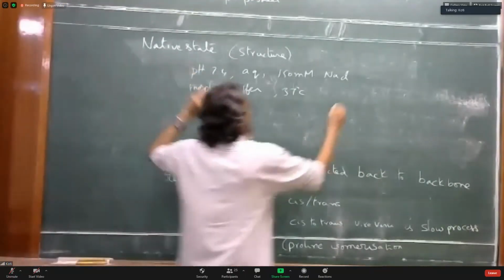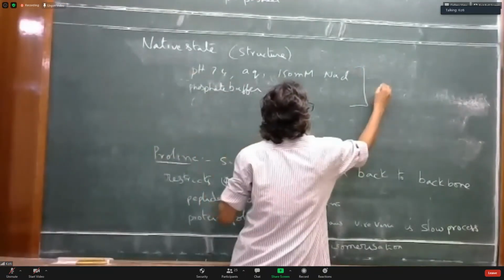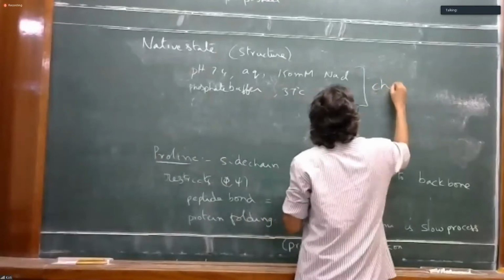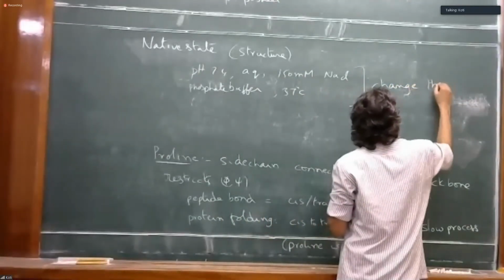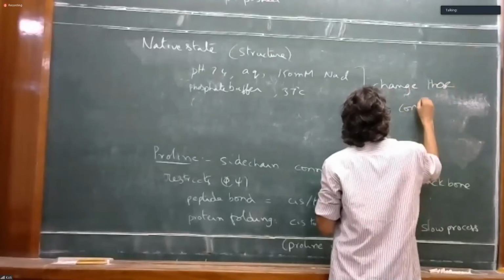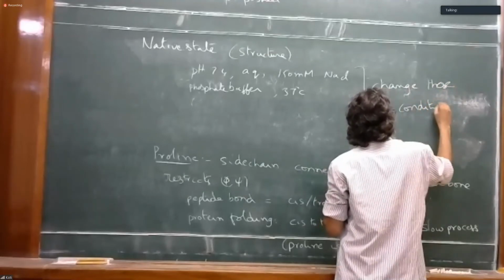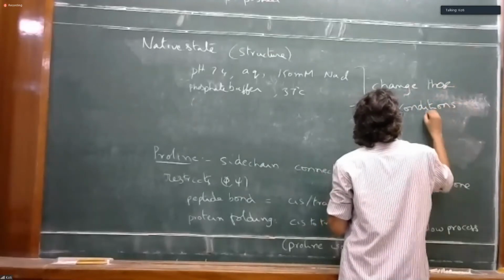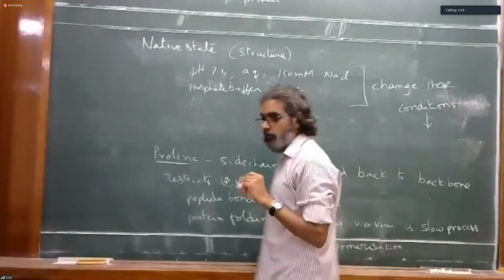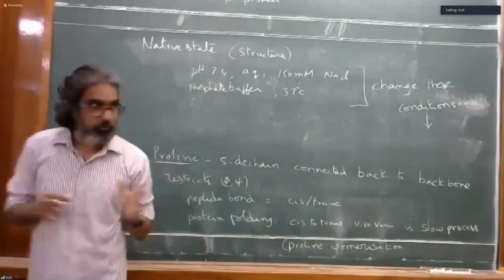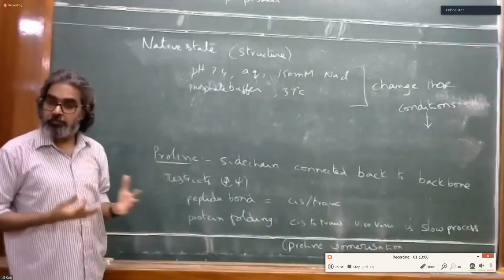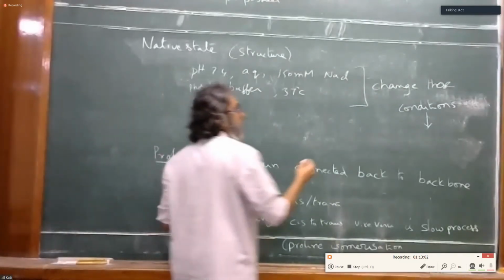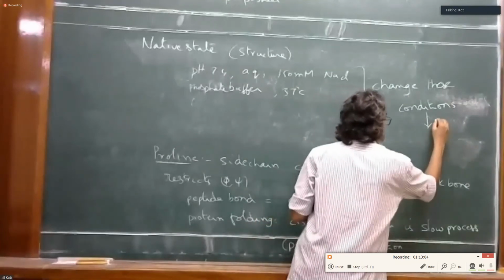So if you are changing conditions from this, then the protein might not adopt this native state because some other arrangement might be stable. So changing these conditions, we call denaturation.